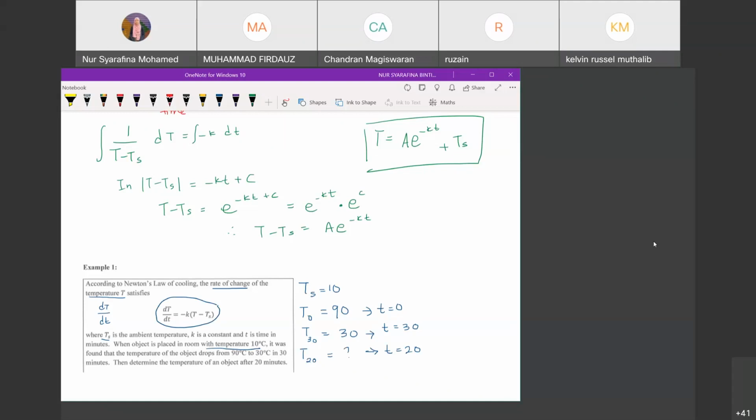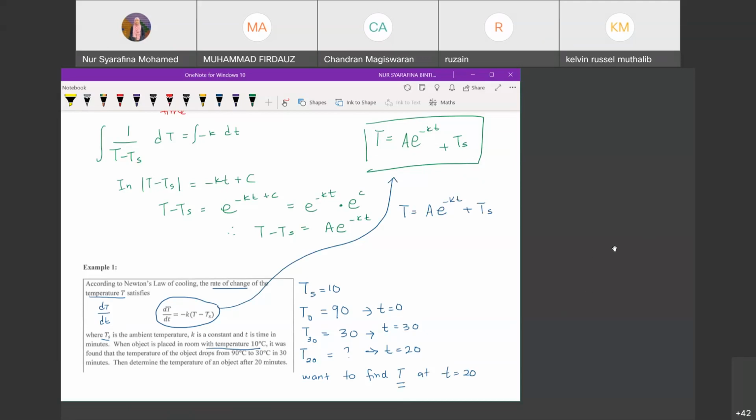We want to find T when t equals 20. So we need T, which is given by Newton's law of cooling. We have done the solution of this already, so you know that T equals Ae^(-kt) plus Ts.